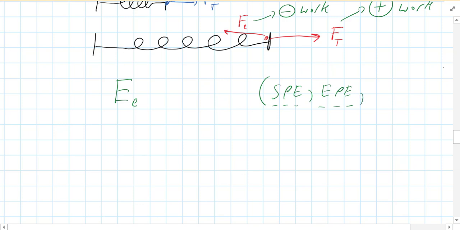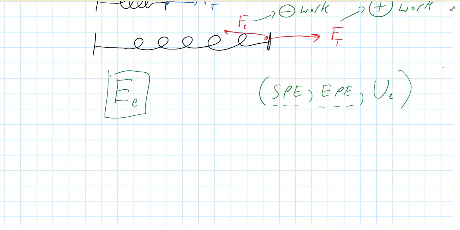In a more advanced textbook, you might see U elastic. U is the physics way of saying potential energy, and the little e is for elastic. But for our worksheets, we're going to use E sub E, energy elastic. Now, we need to be able to calculate the elastic potential energy.